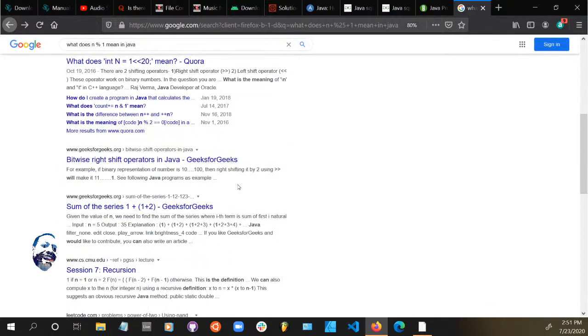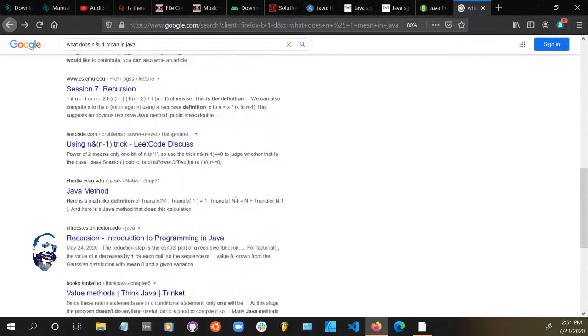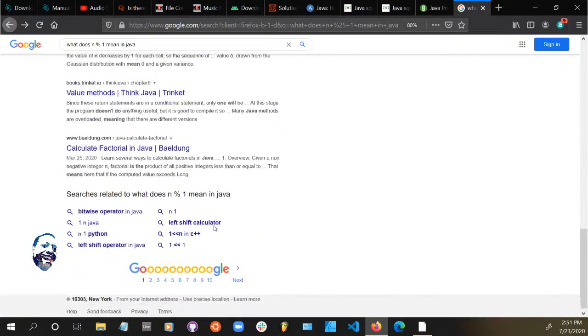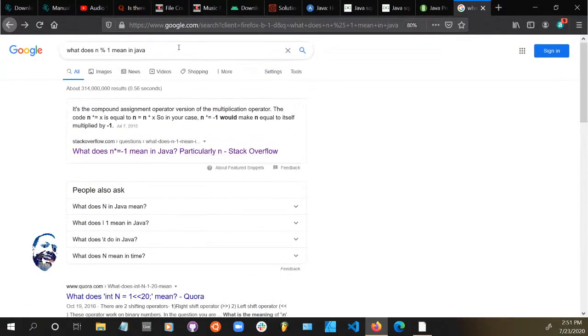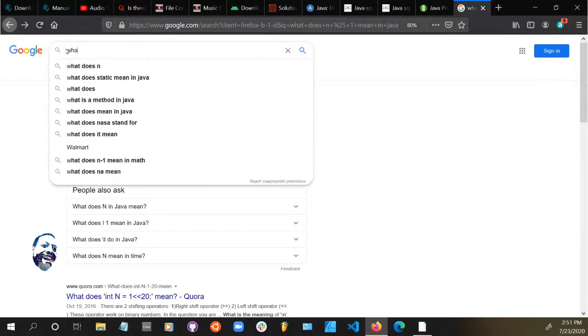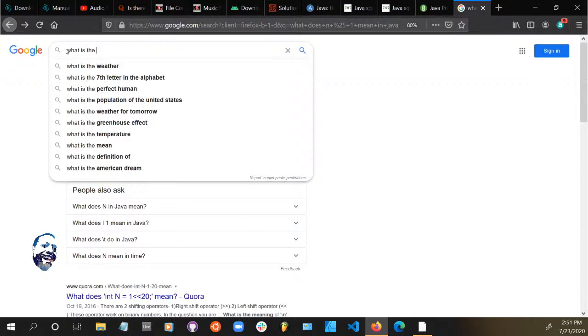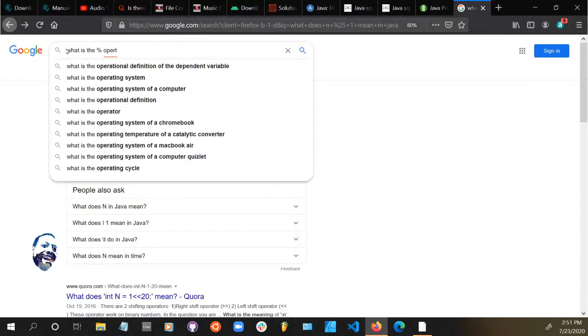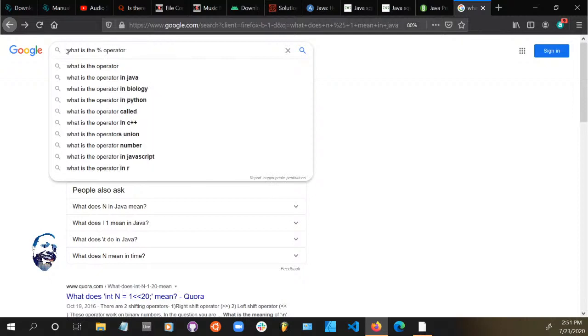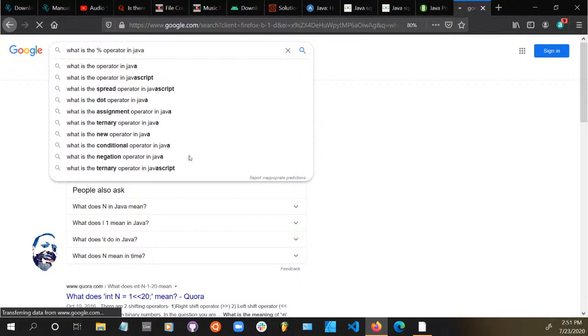I'm trying to figure out what that is doing. If I can understand that, what does this operator do in Java? Just figure this bad boy out.